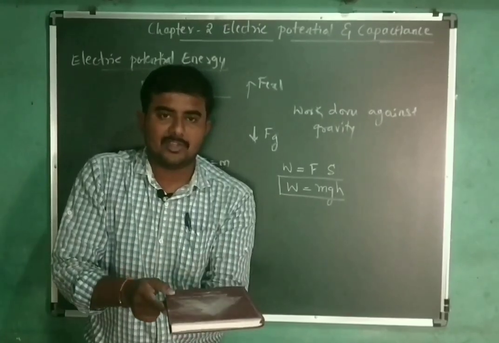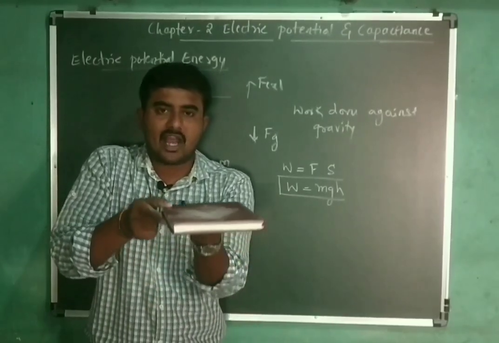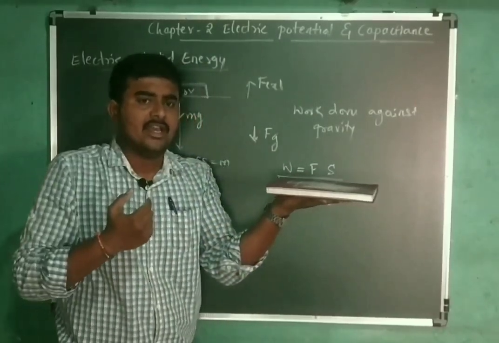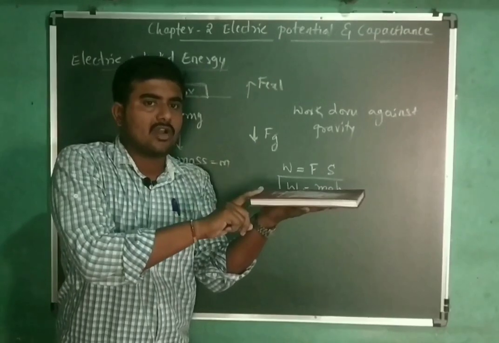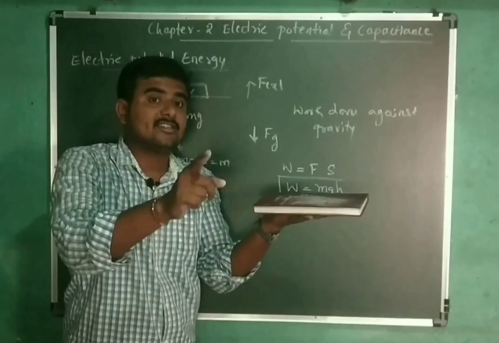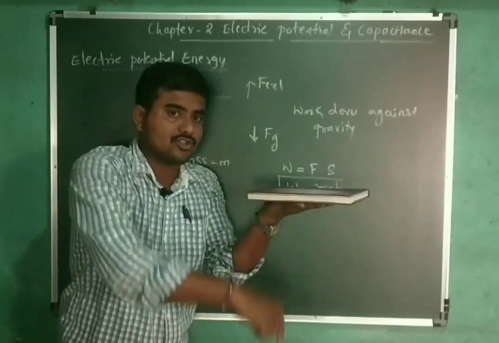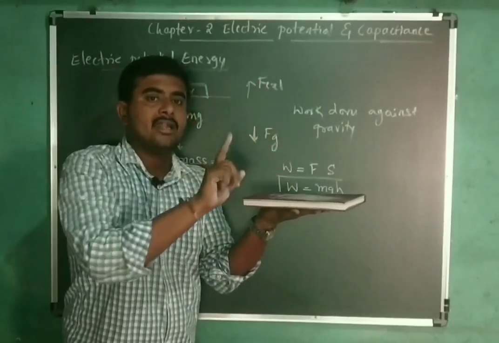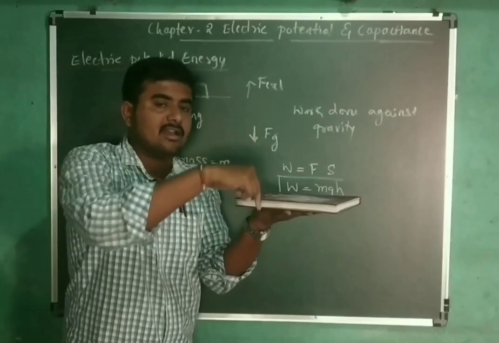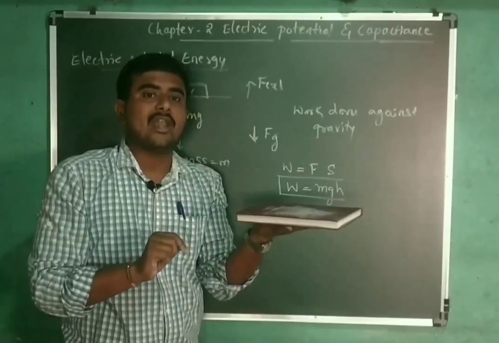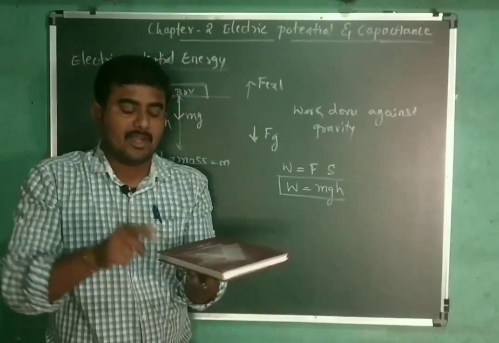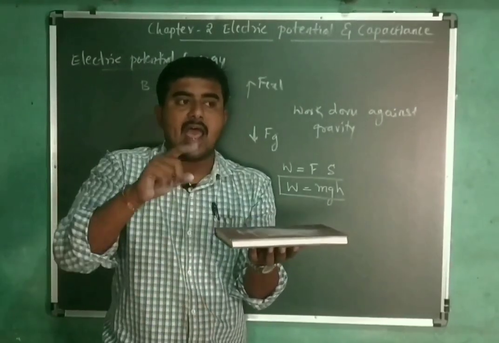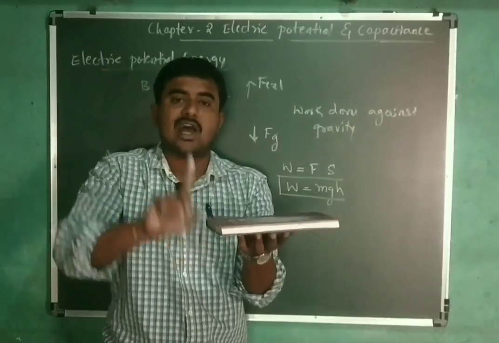If I lift this book vertically upward to a height of h, it means I have done certain work on this book against gravity, because gravity was downward and I lifted the book in the upward direction, and my force and gravity force both are equal and opposite. It means if the gravitational force is 10 Newton downward, I have to apply 10 Newton force upward.